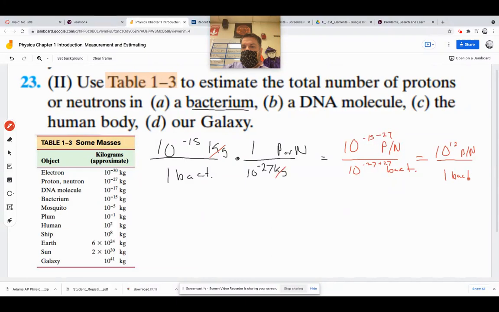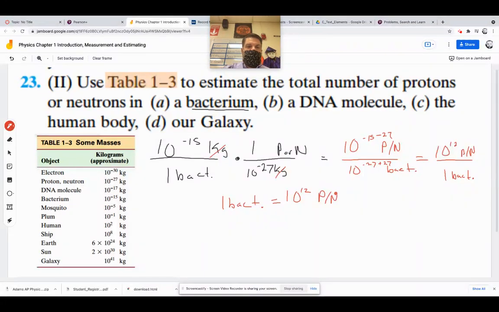So now you could think of that as 1 bacterium is equal to 10 to the 12 protons or neutrons because they're similar in mass, roughly, according to the orders of magnitude. And so that's all we got to do for each one of these.